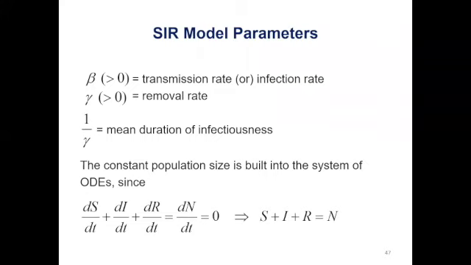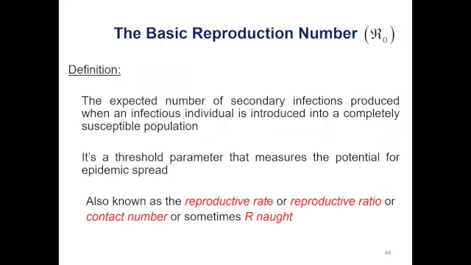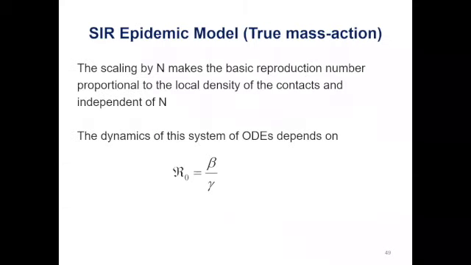Okay. And I have some mathematical relations with respect to the ODEs. I want to talk about the basic reproduction number, or R0 as it's popularly known. R0 is the expected number of secondary infections produced when an infectious individual is introduced into a completely susceptible population, what is called a virgin population. So the average number of secondary cases. It's calculated as the ratio between the transmission rate and the removal rate.